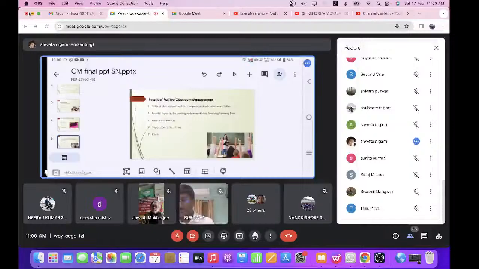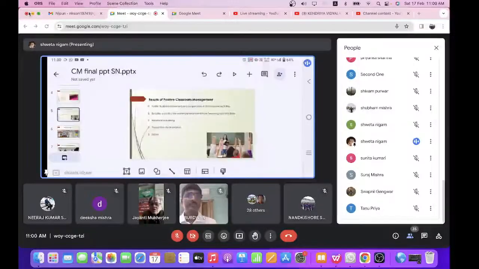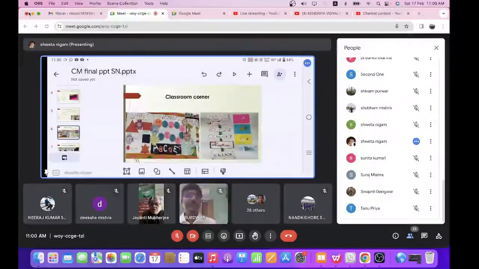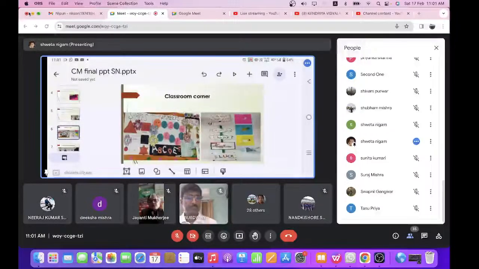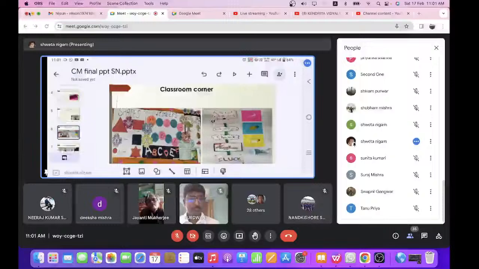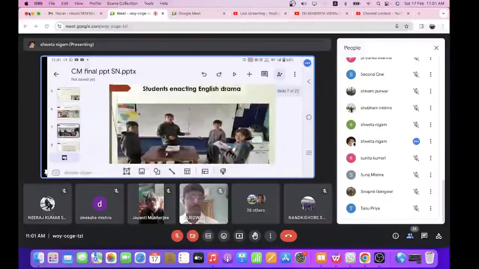Here are some pictures of classroom corners. These are the TLMs in our classroom, which help the students get knowledge of new words, different shapes and numbers. Here you can see drama in our classes.